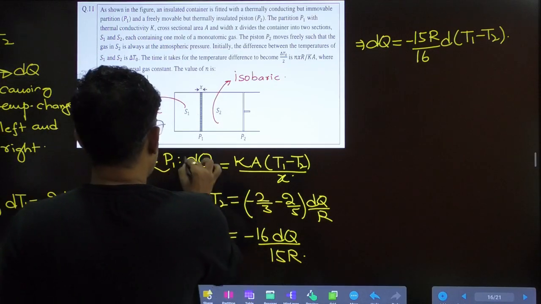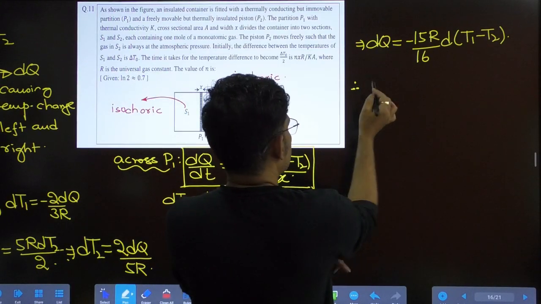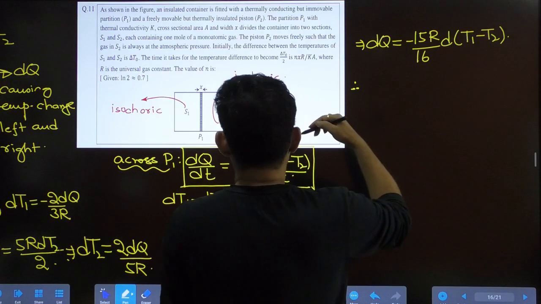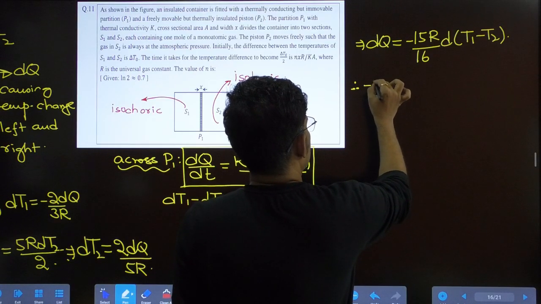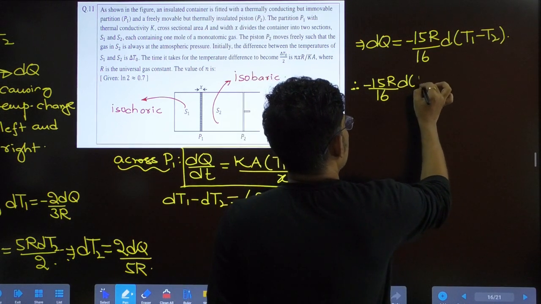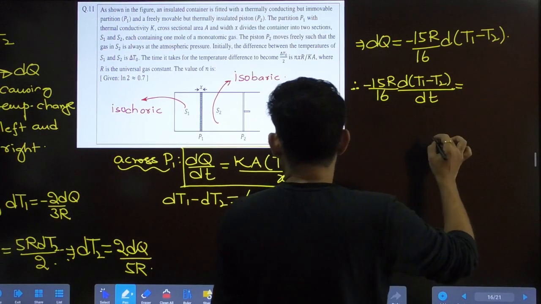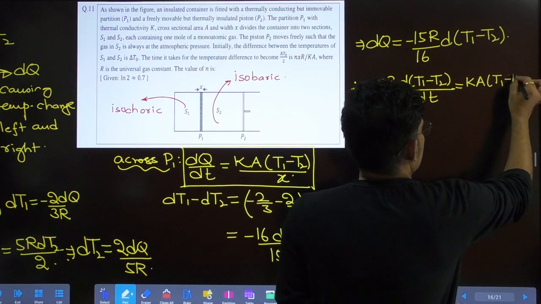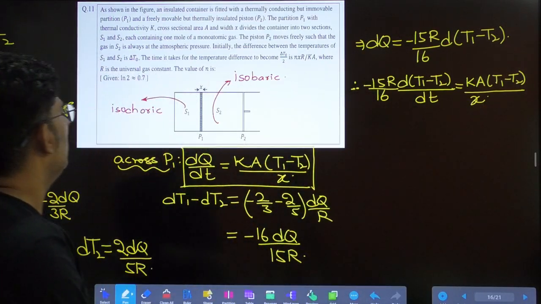If I put it in this equation over here, we can say dq by dt, which is minus 15R by 16 d of T1 minus T2 by dt, will become equal to Ka T1 minus T2 by X. Got it?